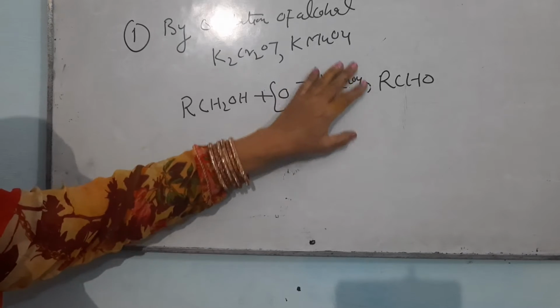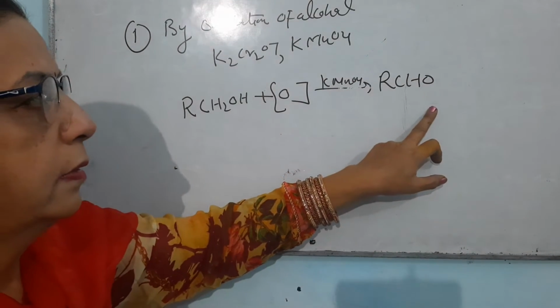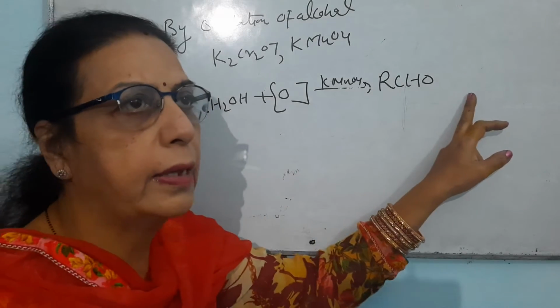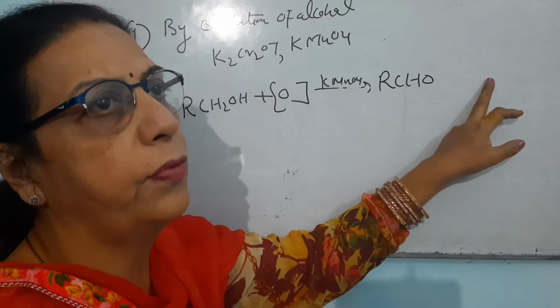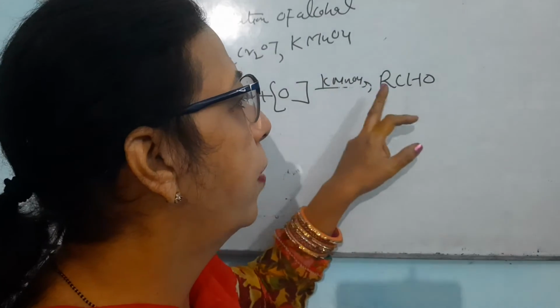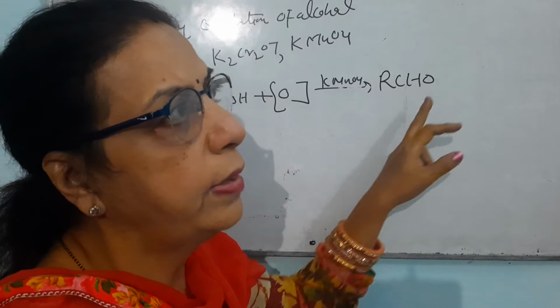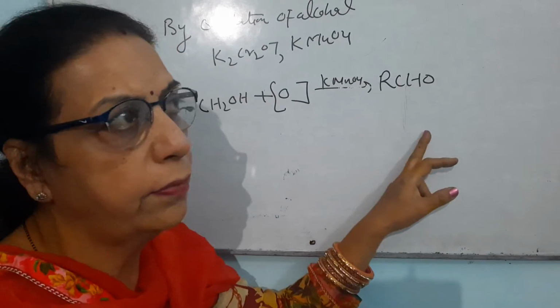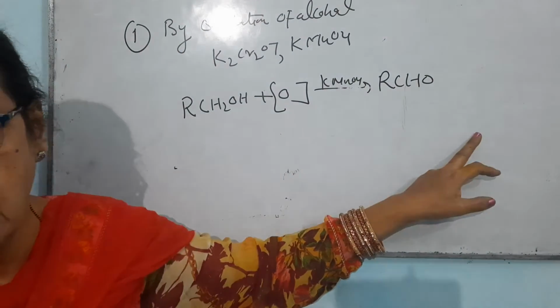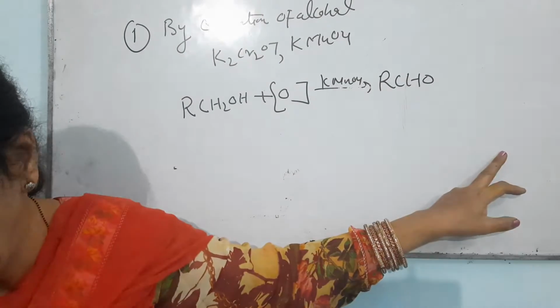The same oxidizing agents are used, but in this process the aldehydes are further converted in the form of carboxylic acid. So as soon as there will be formation of aldehyde, we have to distill it off. We have to separate it, otherwise these aldehydes will be converted in the form of carboxylic acid.